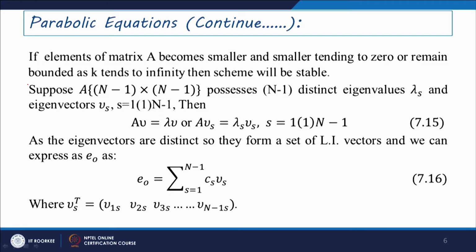Suppose A is the matrix here, since the boundary values are restricted and we have taken them out, we can form a matrix of order n minus 1 by n minus 1 that possesses n minus 1 distinct eigenvalues. Suppose these eigenvalues are lambda s and the corresponding eigenvectors are Vs here, with s varying from 1 to n minus 1.